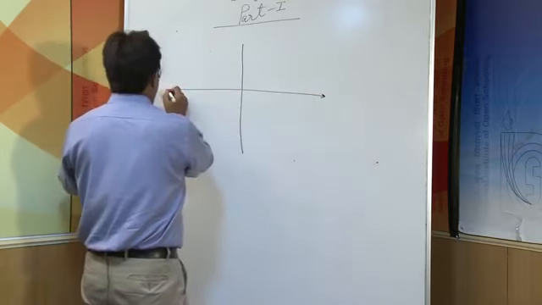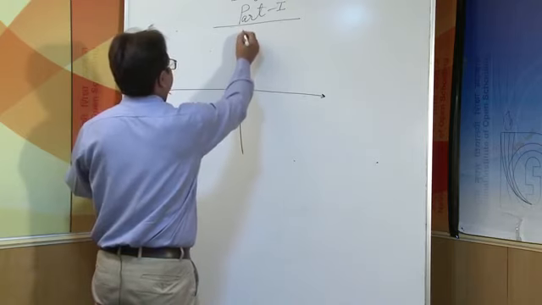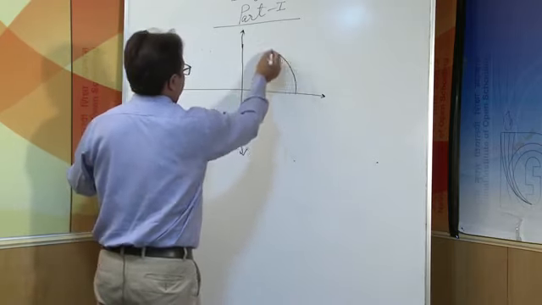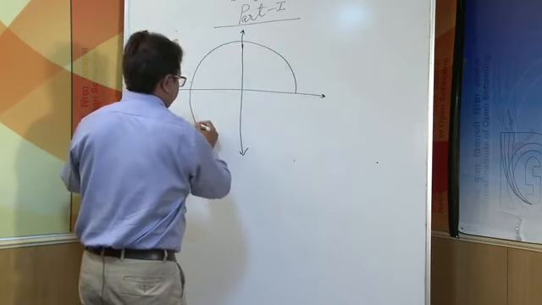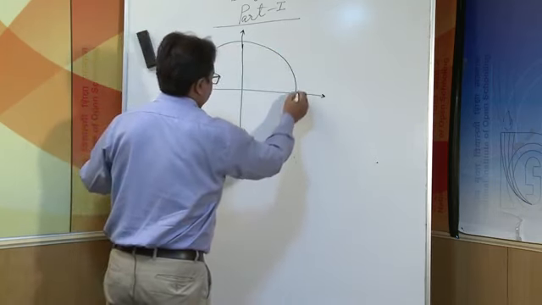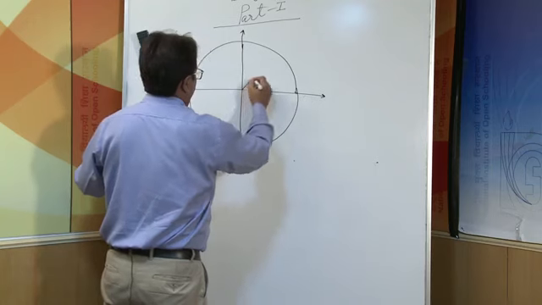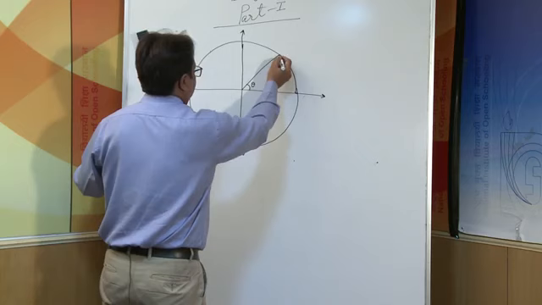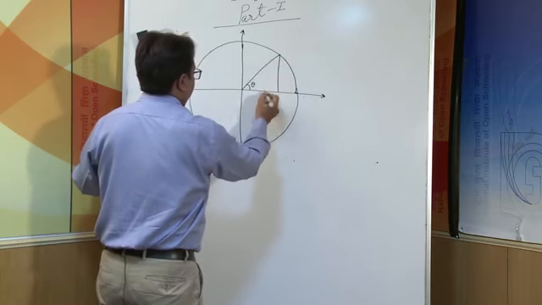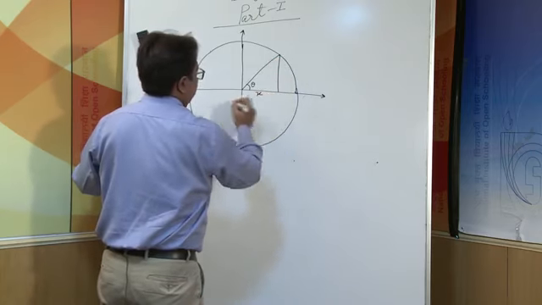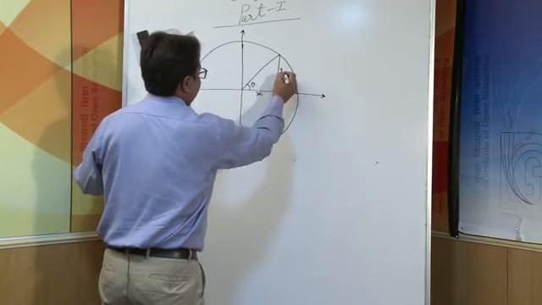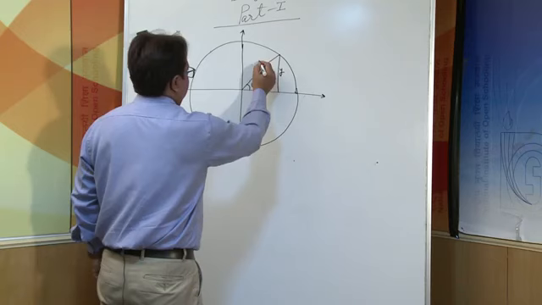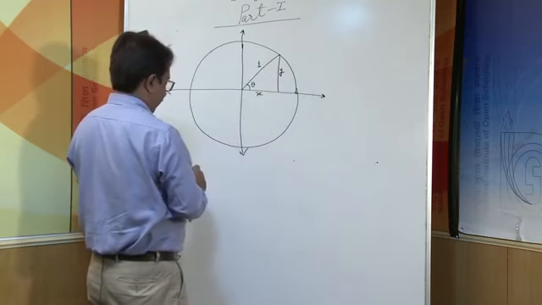Here are 4 quadrants and it is a unit circle. This angle is theta and here this length is x and this length is y. And this distance is 1.